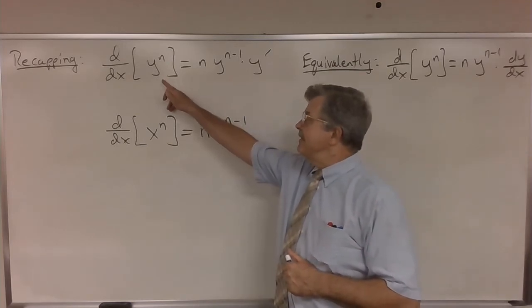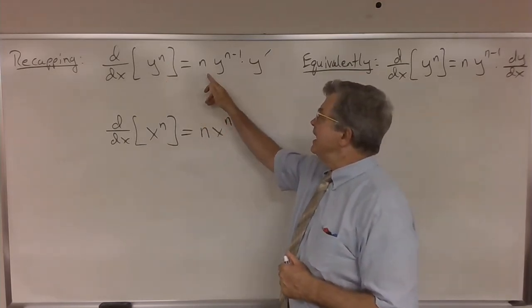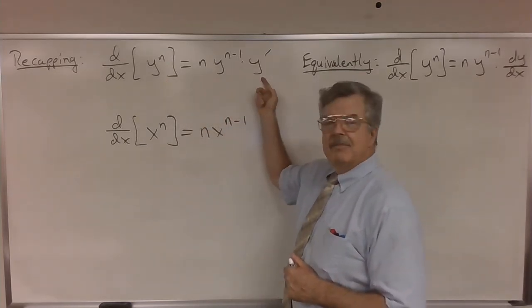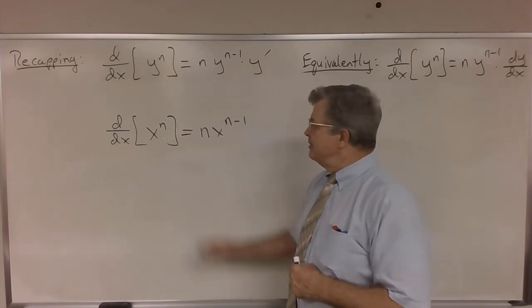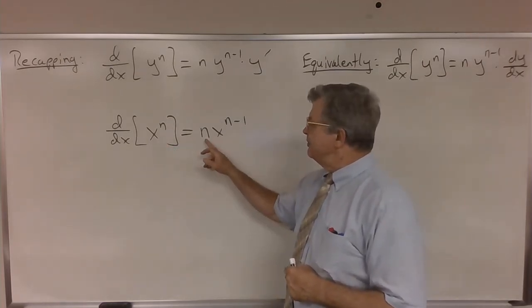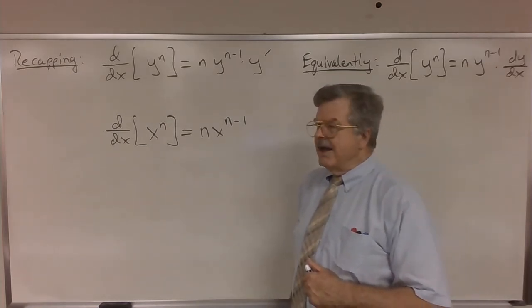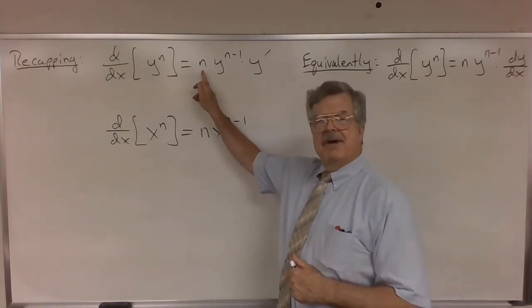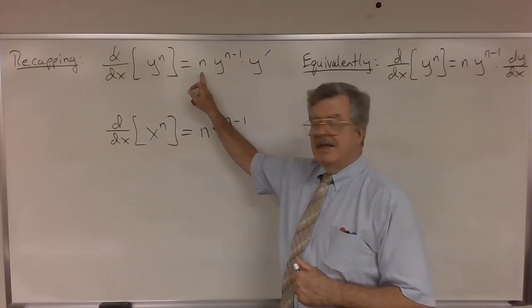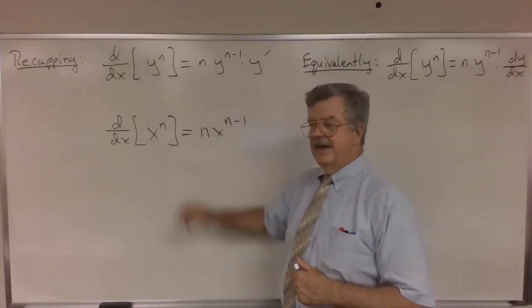The derivative of y to the n is ny to the n minus 1 times y prime. But the derivative of x to the n is just nx to the n minus 1. Now, what is it that's different about this as compared to this?